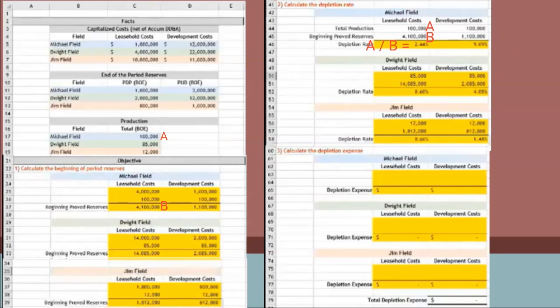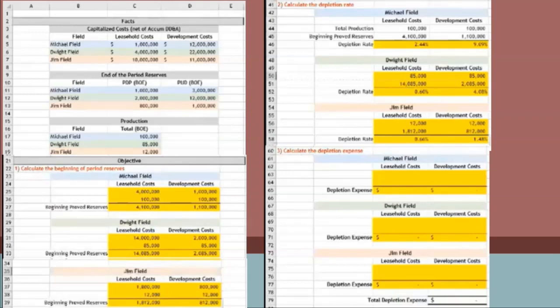So I'm going to go ahead and just do the other two for us. So that's how you get the depletion rate for all three of our fields.